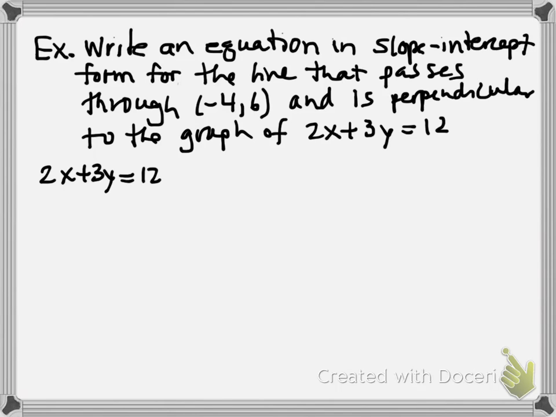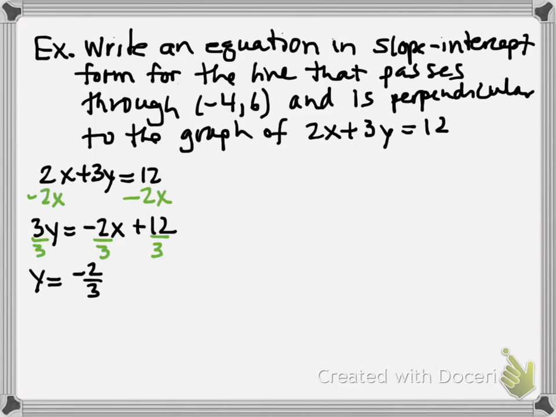That's exactly the route we want to go. So we are going to get y alone. We start by subtracting 2x from both sides. We get 3y equals negative 2x plus 12. And then we're going to divide everything by 3, and we get y equals negative 2/3 x plus 4.